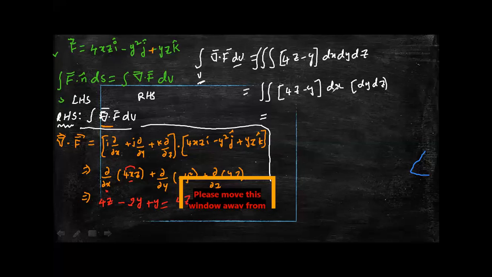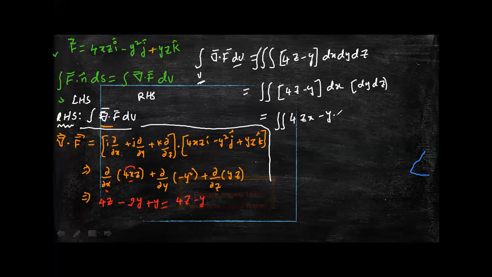So when I apply the dx here, I don't have anything here, this is a constant. So 4zx minus yx. We are doing with respect to x, so here there is no x. So 4z as it is, any constant will get x.